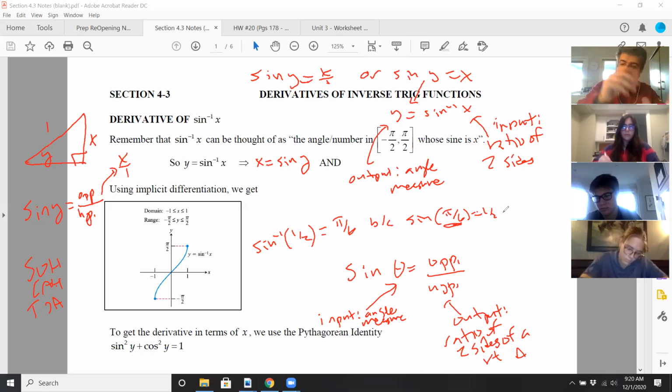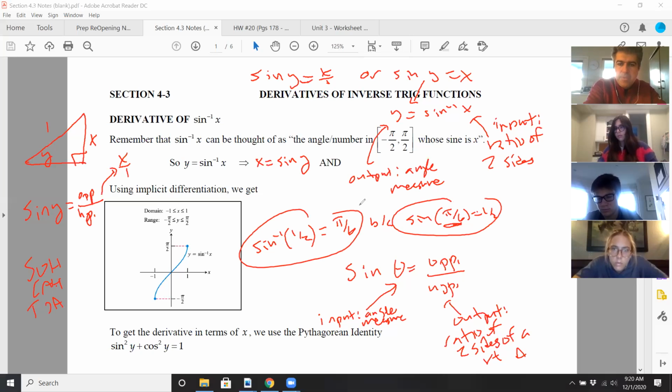In fact, it's the short leg and the hypotenuse from a 30-60-90 right triangle. So we know these are interchangeable. Inverse sine of 1/2 is pi over 6, or sine of pi over 6 is 1/2. They're basically the same thing, just another way of writing it. You're switching the input and output because it's an inverse. All right, so now that we're clear about that, let's actually take the derivative of it.